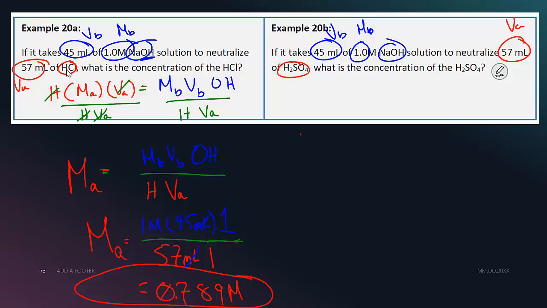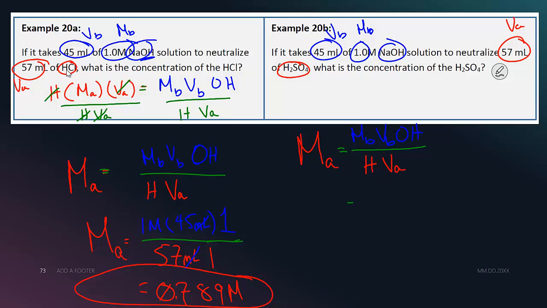And we are asked for the molarity again, but this is going to come out different, even though all the numbers are exactly the same, because sulfuric acid is diprotic. It has 2 hydrogens it can give off.